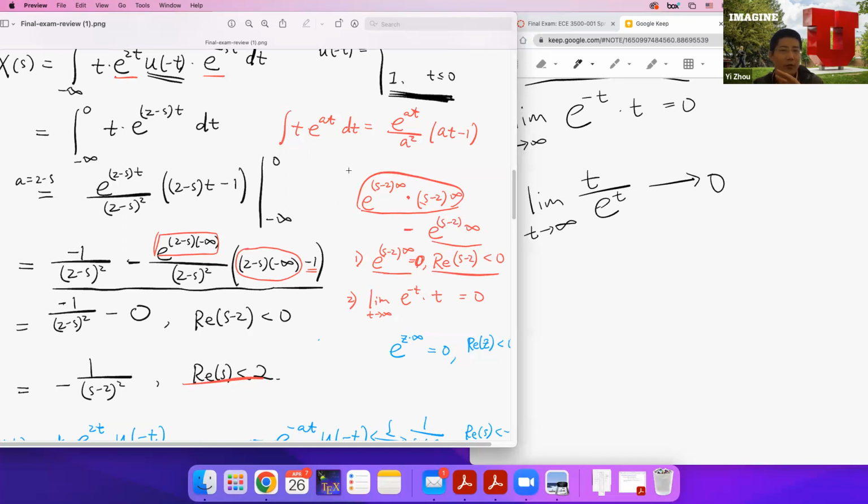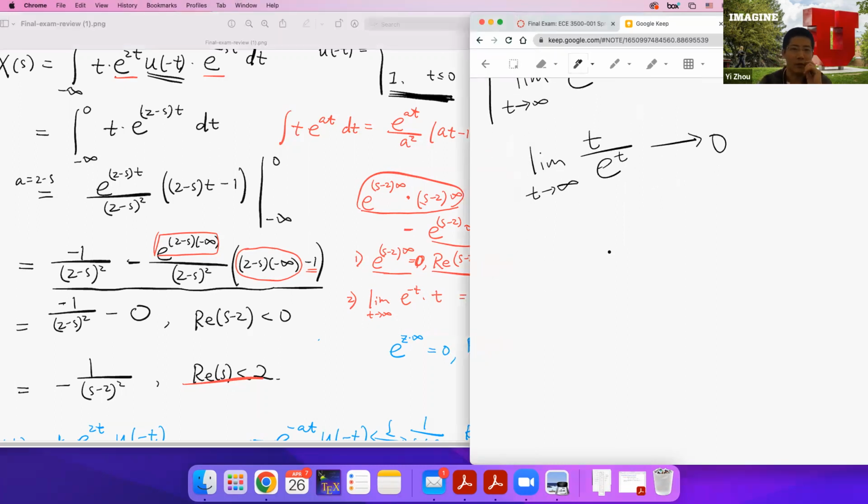But we still need the other term to converge. The other term is basically this exponential multiplied by this number. Here it is negative infinity, and when they are multiplied together, let me rewrite it this way.